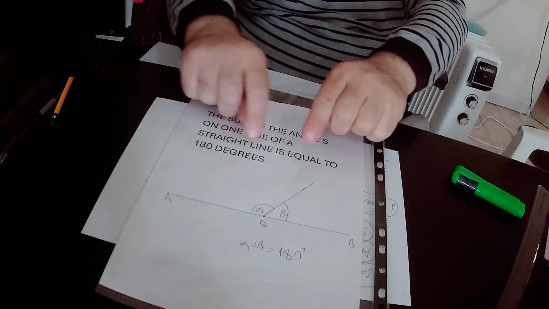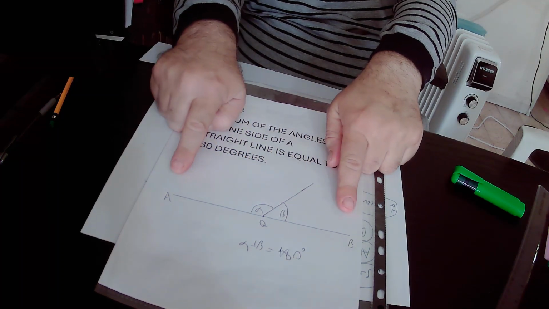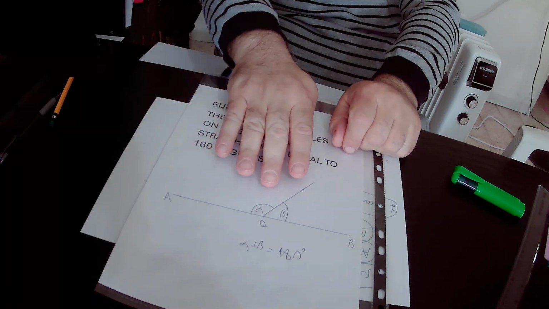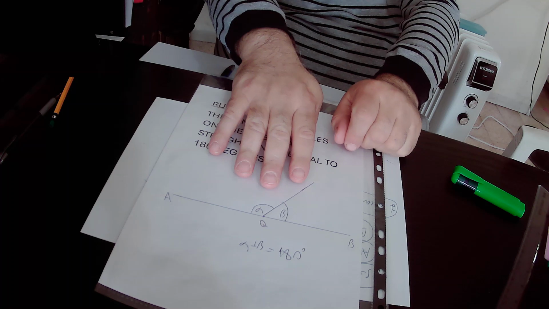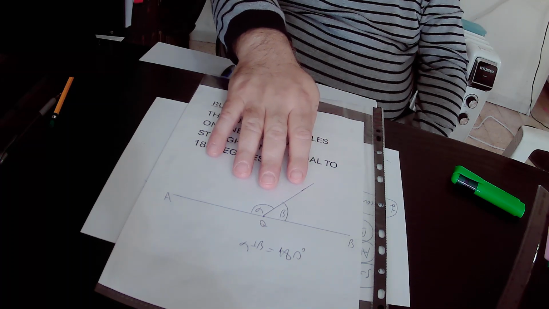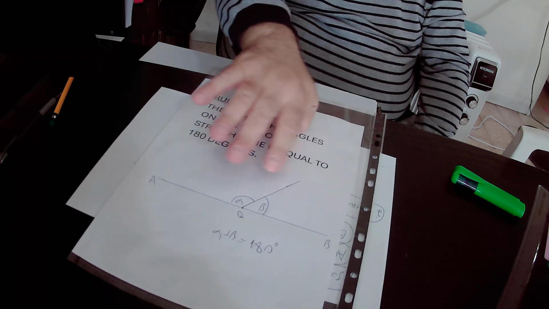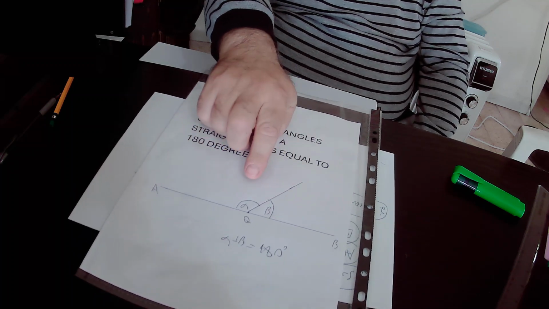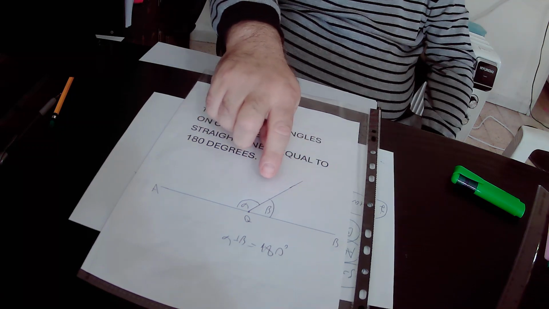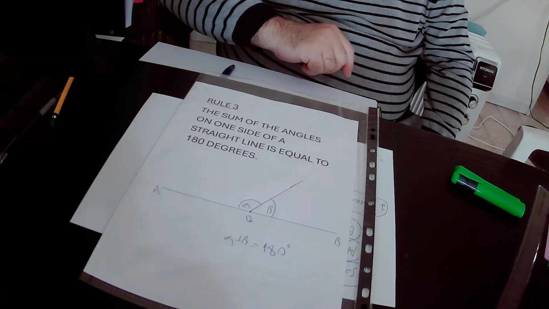So in the drawing we have the straight line AB. If we focus on the upper side of this straight line AB at point Q, the sum of the angles must be equal to 180 degrees according to rule number 3. So which angles do we have at the upper side of AB at point Q? We have this angle alpha and the other angle beta. So in total, alpha plus beta must be equal to 180 degrees.